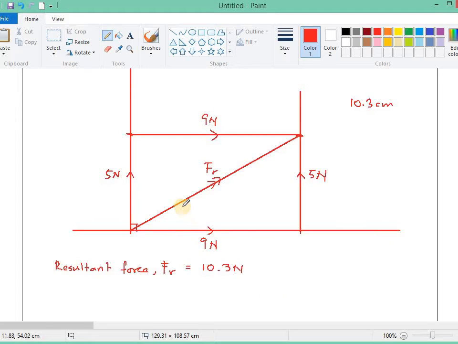Next we want to find out the direction. So we use a protractor to measure this angle.